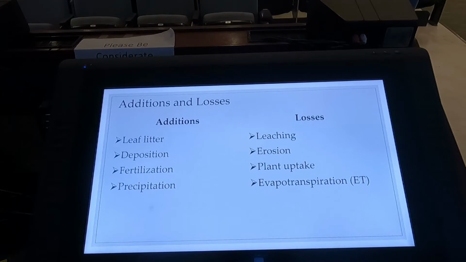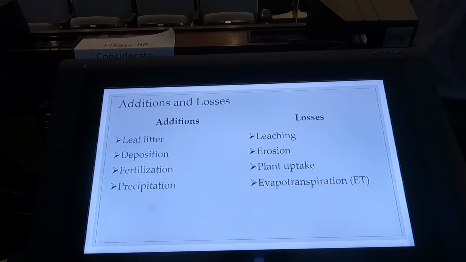There are going to be losses from leaching or erosion. Plant uptake. And then we talked about evapotranspiration. So it'll rain, but then the plants are going to use that water, which is going to influence the soil formation.